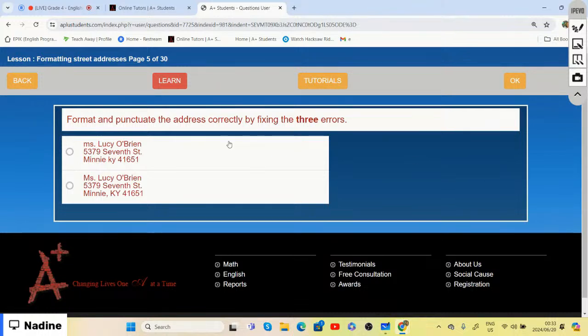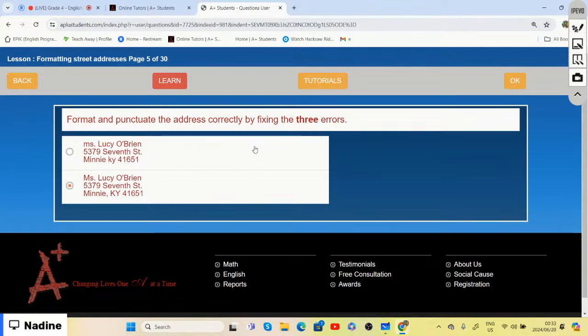All right, and if we were to choose our correct address by identifying the three errors, the correct one is option two, right?